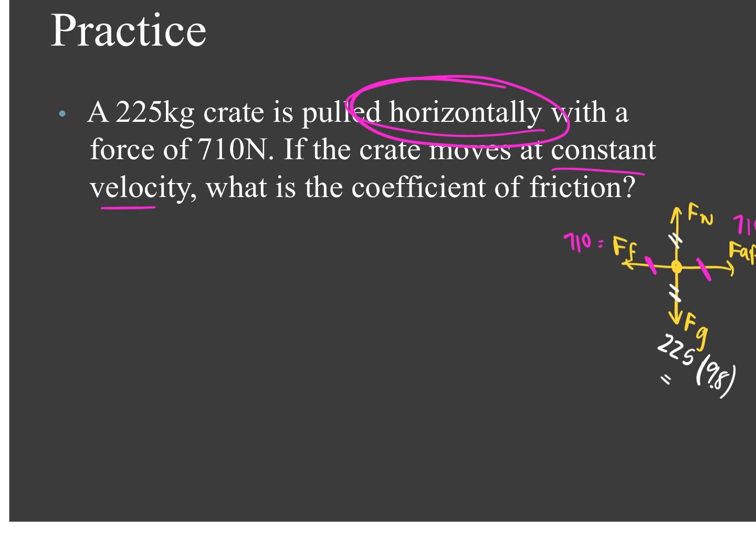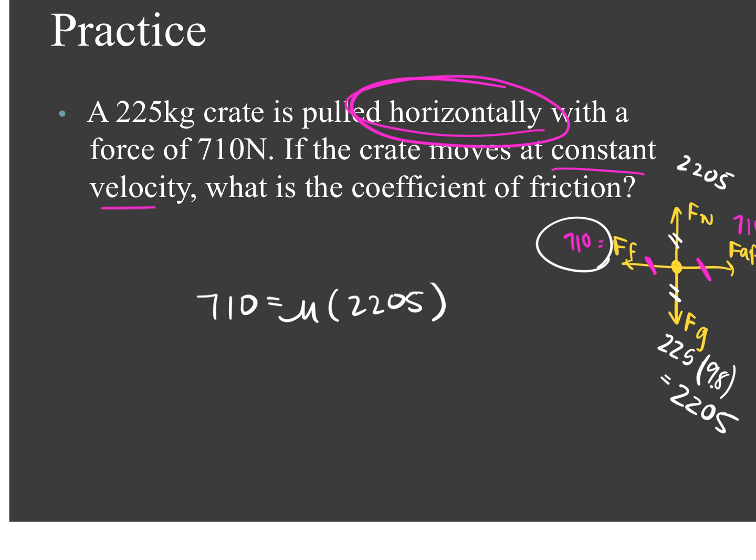Why do I need to bother doing that? Normal force. I have to know my normal force. So now if I know my frictional force is 710, I know that's equal to the coefficient times the normal force. And so I'll take 710 divided by 2205, and I get a coefficient of friction equal to 0.322.